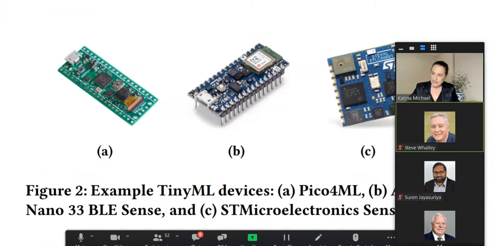And so here are 3 examples of tiny machine learning devices, the Pico 4ML, the Arduino, which I want to come back to, the Bluetooth enabled sense, and the STM microelectronic sensor tile. And I show these for a couple of different reasons. These are the kinds of chips we're talking about where the TinyML will actually reside.